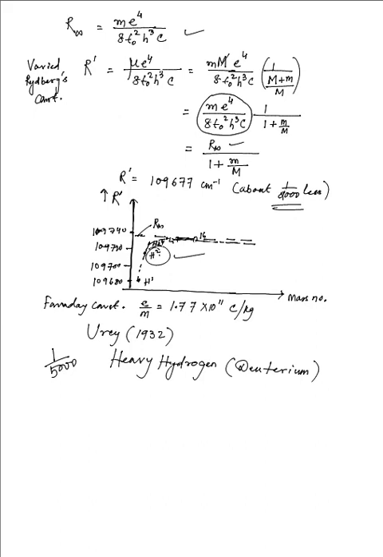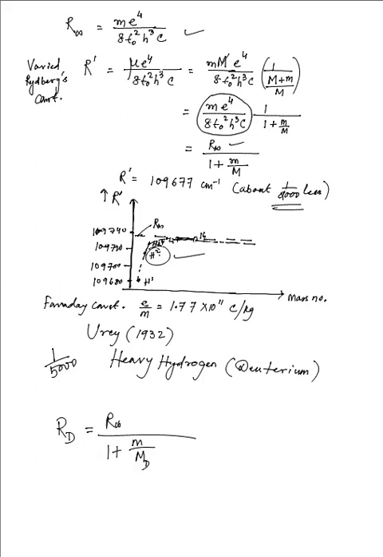It can be calculated, though. What we can do is calculate for deuterium. The Rydberg's constant is simply R infinity divided by 1 plus m divided by the mass of the nucleus.